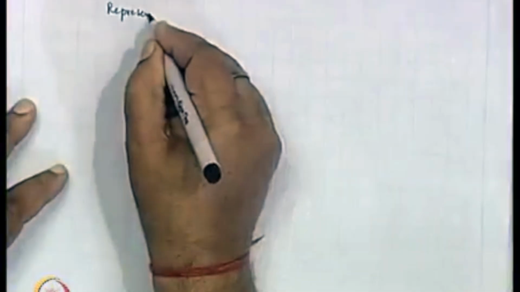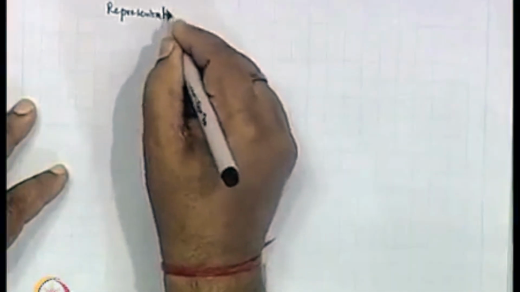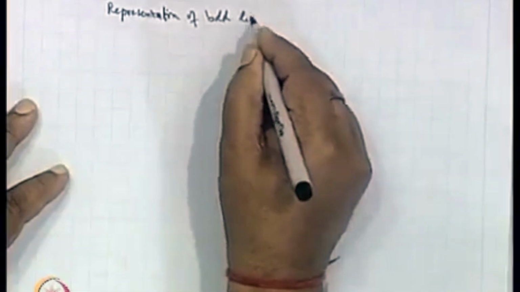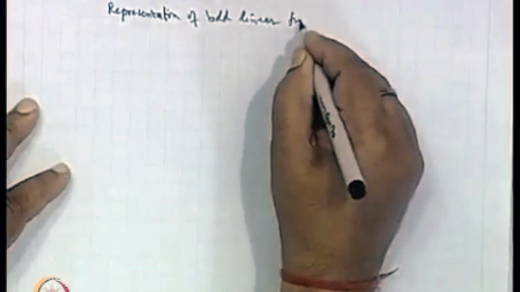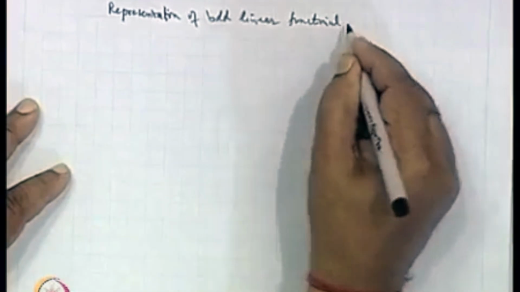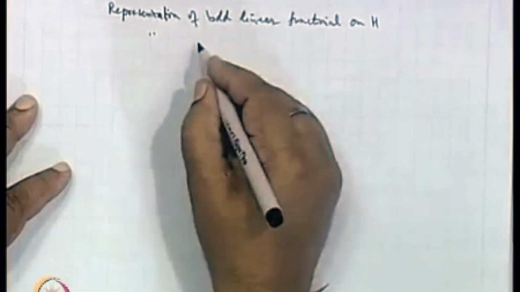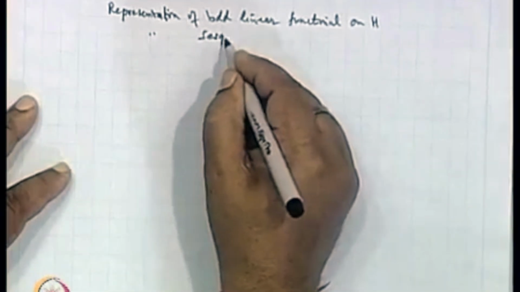In the last lecture, we have considered the representation of bounded linear functionals on the Hilbert space H, as well as representation of a sesquilinear form.